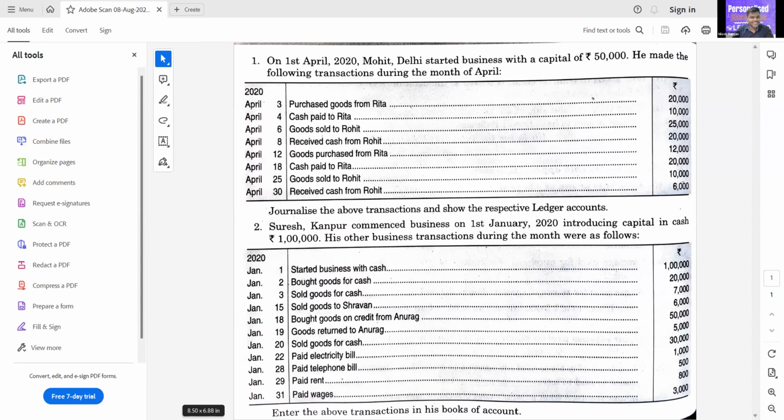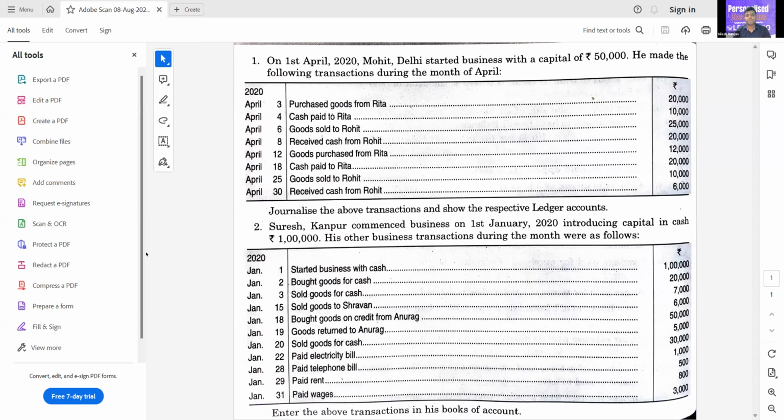Okay. One minute. Next one. One minute, sir. Goods received cash from Rohit. Cash account debtor to Rohit account. Very good. Then goods purchased from Rita. Goods purchased from Rita.